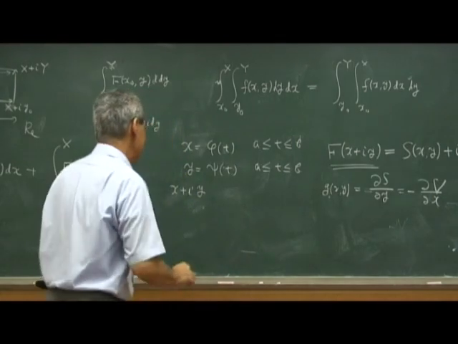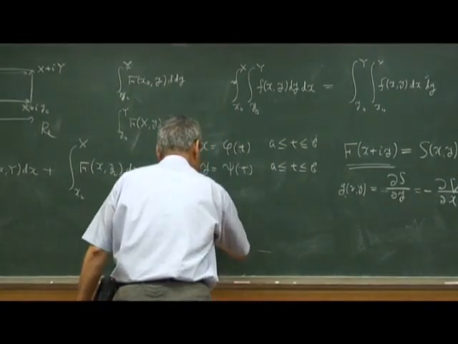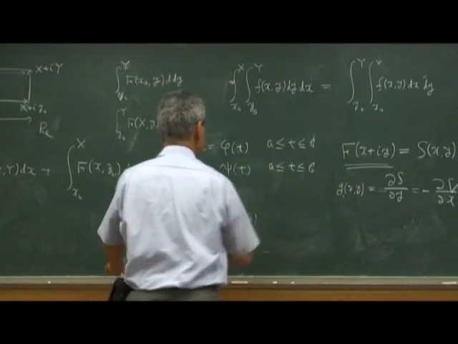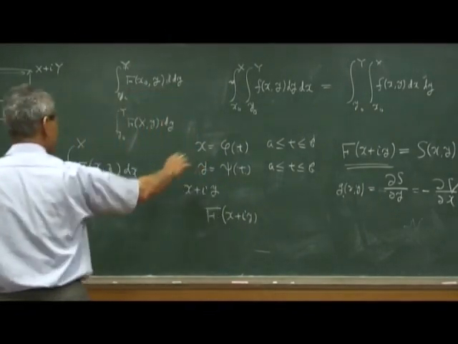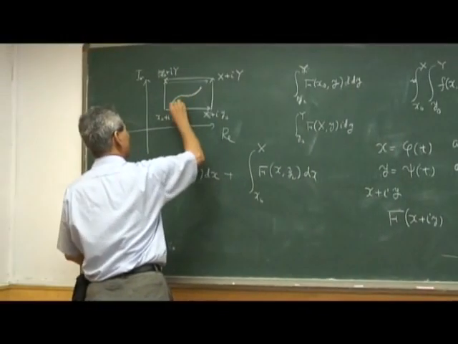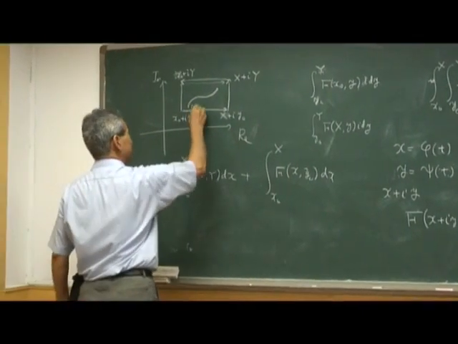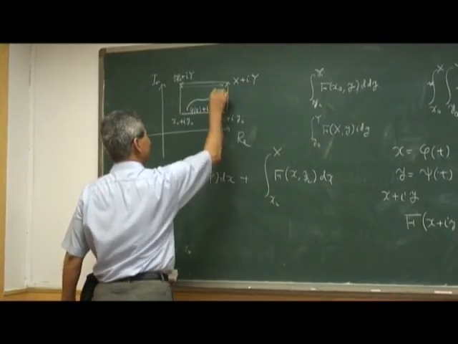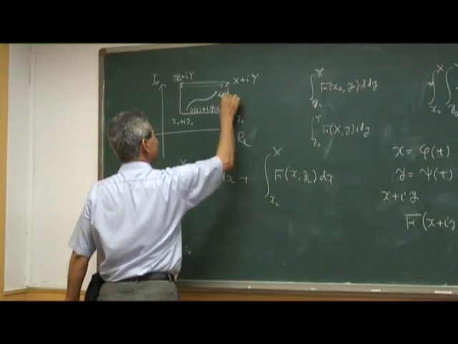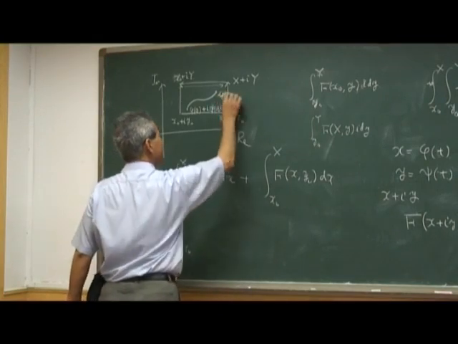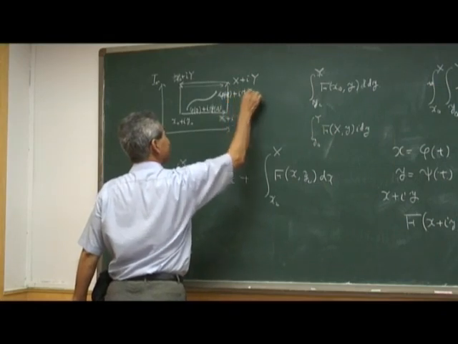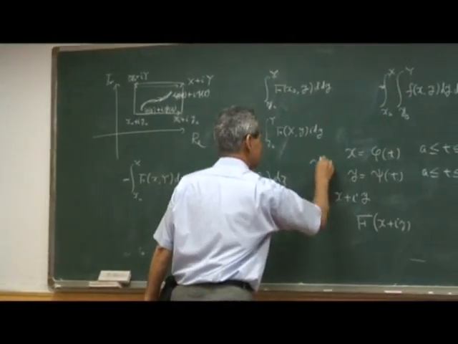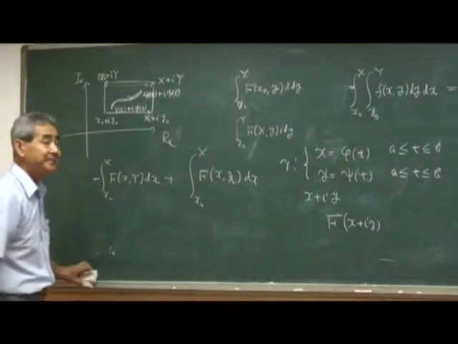Okay. And then I want to integrate this function of x plus iy. So this gives you some path in the complex plane. It starts from phi a plus i psi a, and ends at phi b plus i psi b. So it moves in there, here. And we call this the path gamma.